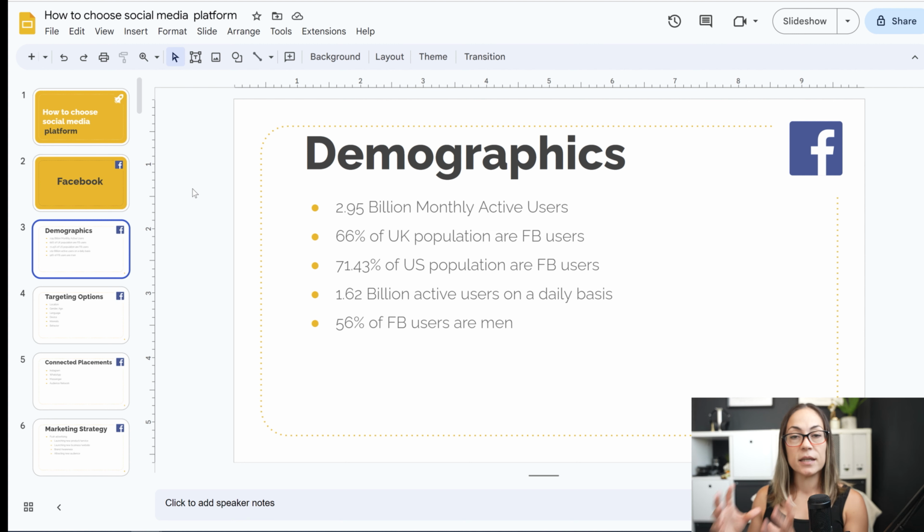And that's why these factors are very important for me in order to choose the ideal social media platform for my product or service. Because if I'm looking to target men or to target women, I need to choose a good social media platform that will allow me to reach those people.